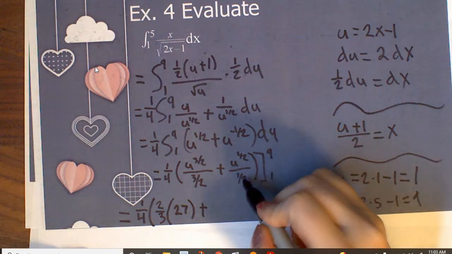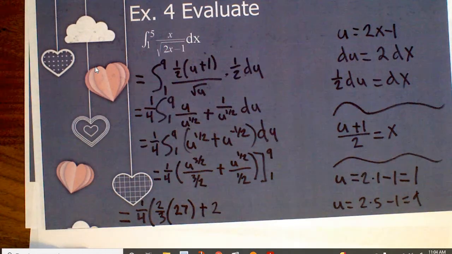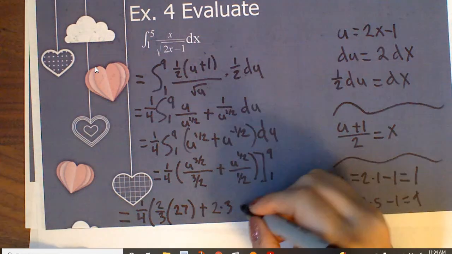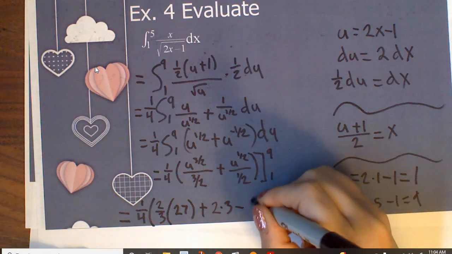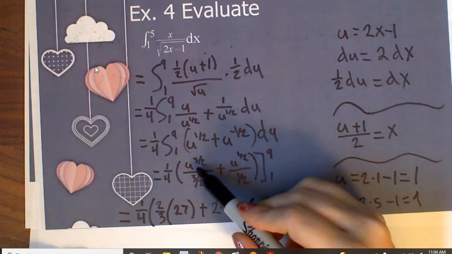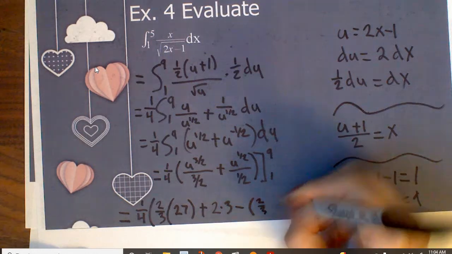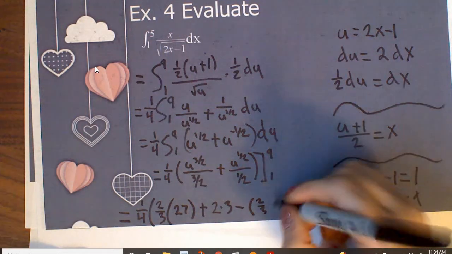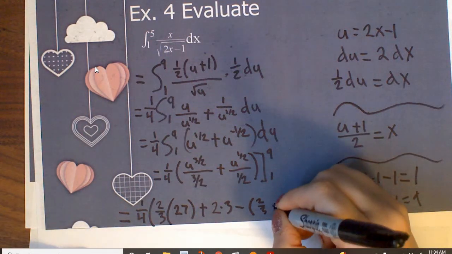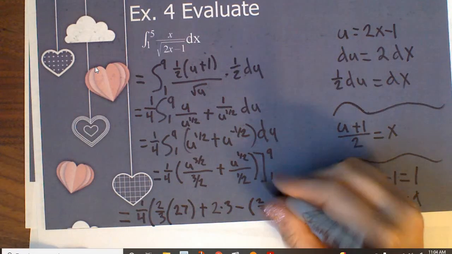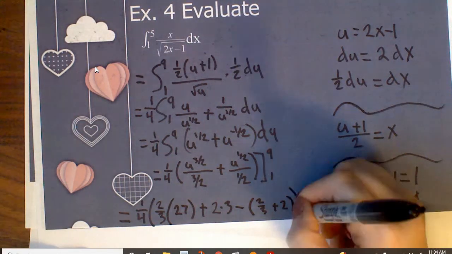Plus dividing by 1/2 is the same thing as multiplying by 2, so I have 2 times 3. Then we're going to subtract off plugging in 1. So again, we have 2/3 times 1 is just going to be 1, plus 2 times 1 is just going to be 1.